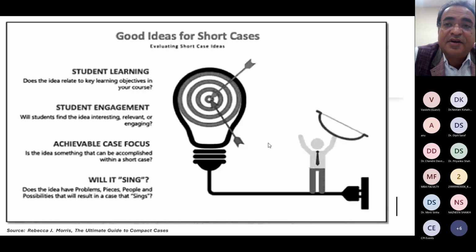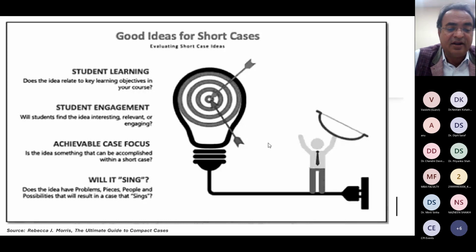I may have a number of cases in the form of sequels like A, B, or C, targeting the strategy aspect, the marketing aspect, the joint venture aspect or the restructuring aspect. But as an idea, it could be difficult or not so practical to accomplish within a short case.